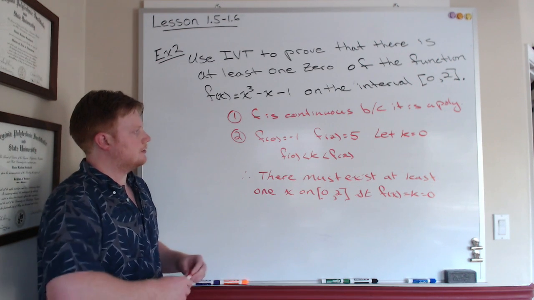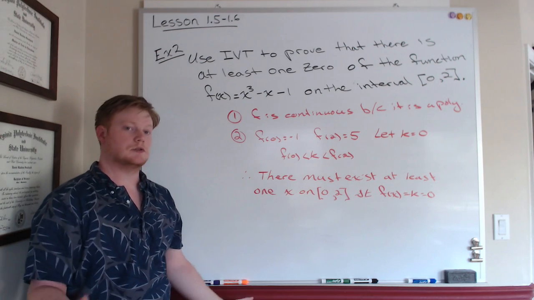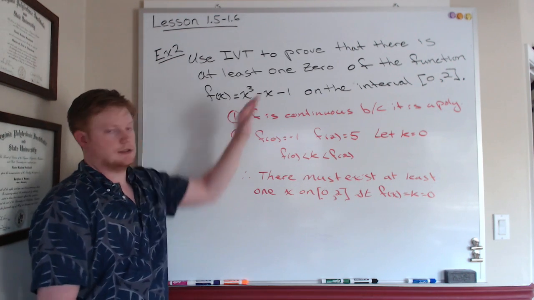So the intermediate value theorem is used to prove that a function has a 0 or has a solution if this is equal to 0.